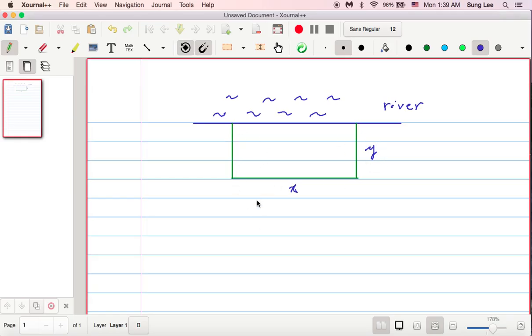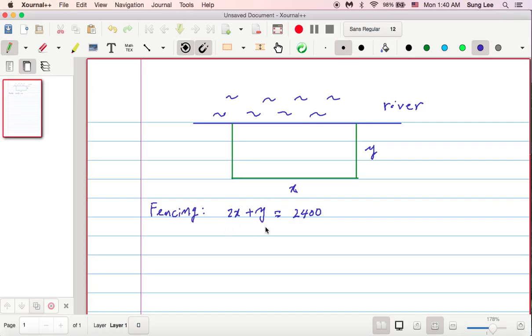So in that case, the fencing is the length of this rectangular field's sides. In terms of x and y, that's going to be 2x plus y, and according to the question, that's 2,400 feet.